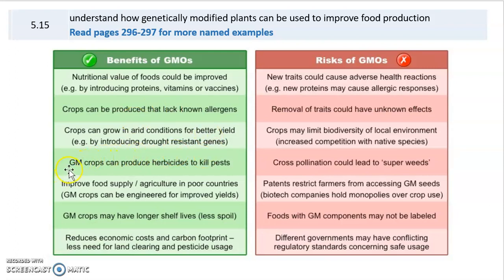Now here there's an error. It says genetically modified crops that can produce herbicides to kill pests. Now just remember that herbicides are targeting specifically weeds. So when you look at this pest here, that's not very clear, I don't think, and I didn't change this. I should have done, but the herbicide is targeting a weed. So what we've got here are genetically modified crops that, if you spray herbicides all over, that crop is not going to cause damage to your actual crop, but it's going to kill all the weeds which are growing in and around.